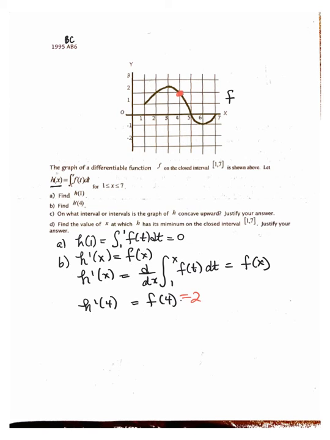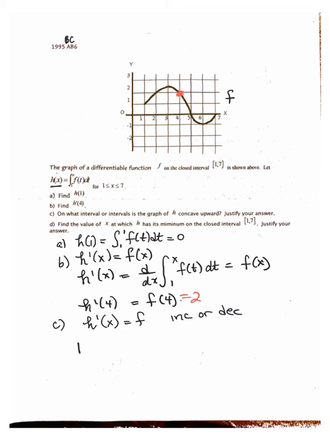Now let's take a look at part C. Part C says, on what interval or intervals is the graph of h concave up? Justify your answer. So here, for concavity, we have to look at the increasing, decreasing behavior of the derivative of h, which is f.